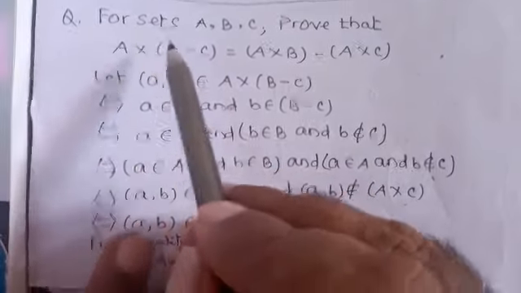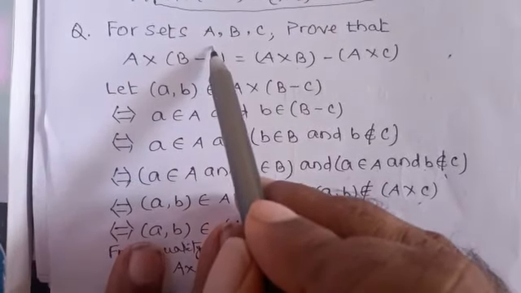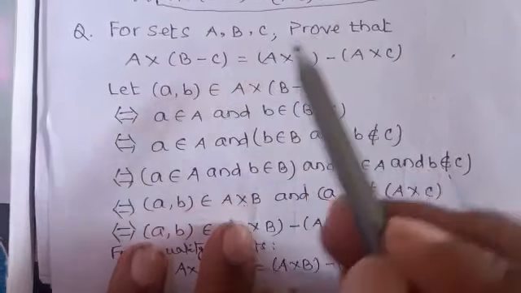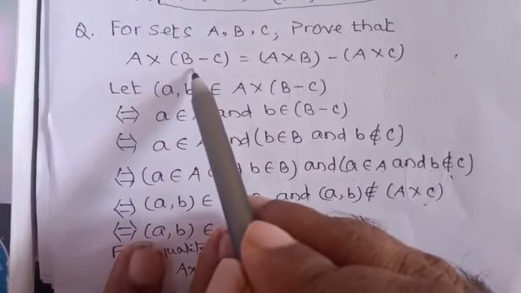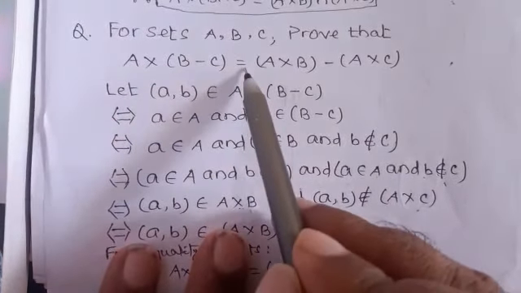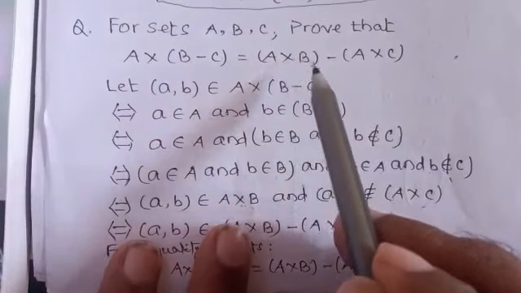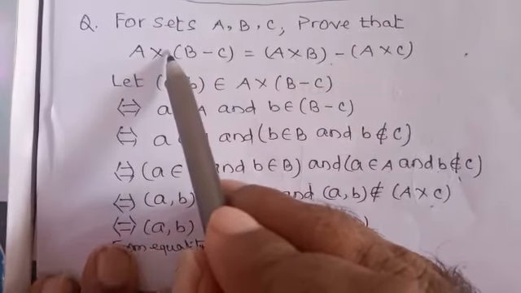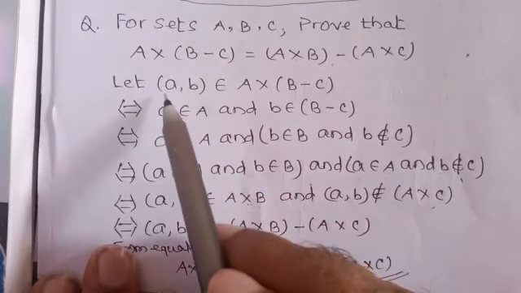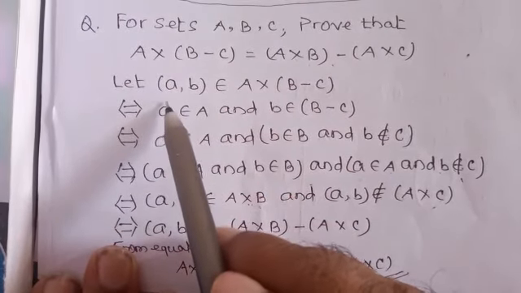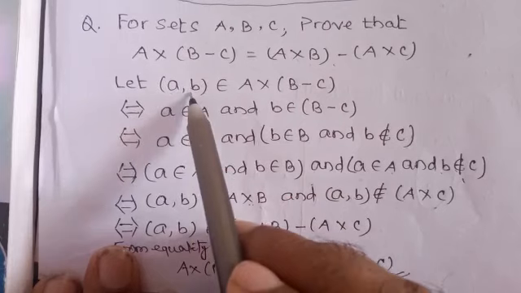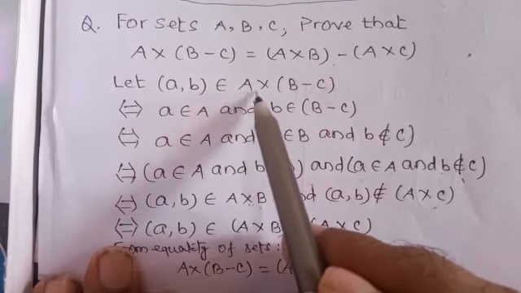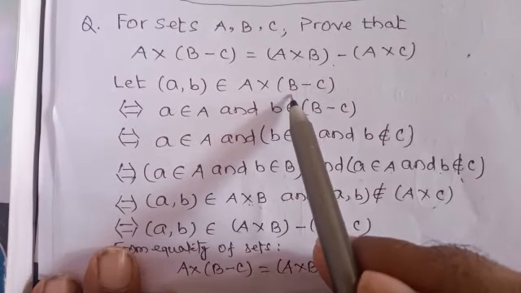Students, the next question is, for sets A, B, C, prove that A cross (B minus C) is equal to (A cross B) minus (A cross C). See, this is again a problem of cross, so we take a paired element and consider (a, b) belongs to A cross (B minus C).